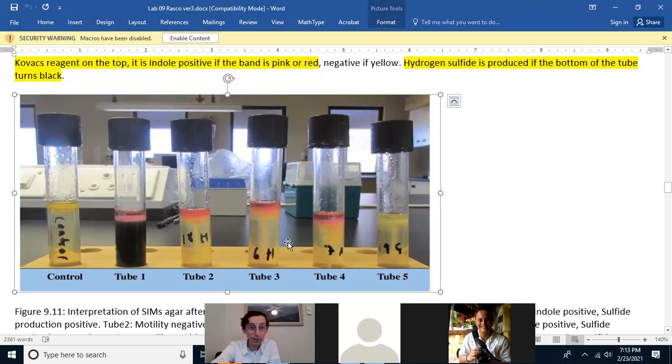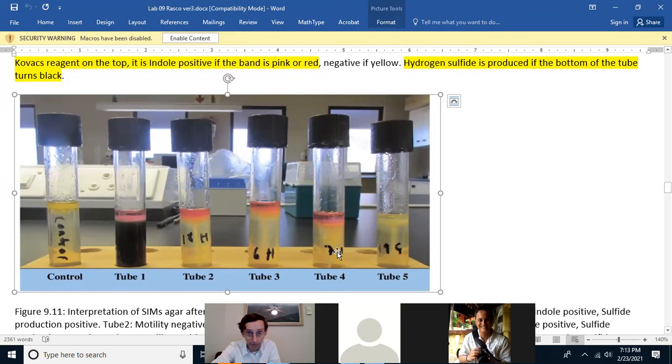And then in the SIM tube, you add Kovacs reagent, and if it turns pink or reddish, it is positive for indole, and if it's not pink or reddish, then it's negative for indole. So the control is negative, and then tube 5 is negative for indole. This tube is negative for motility. I think that tube is negative for motility.